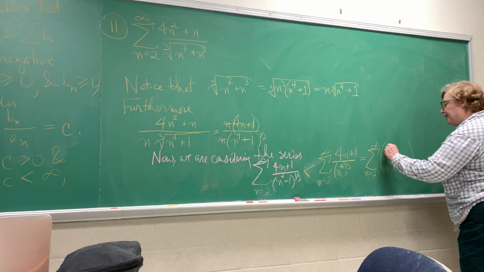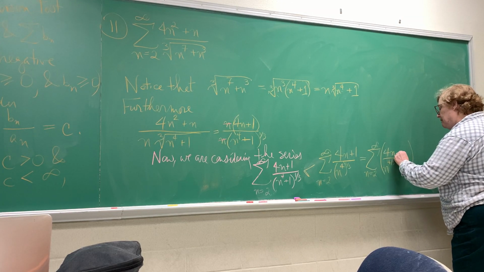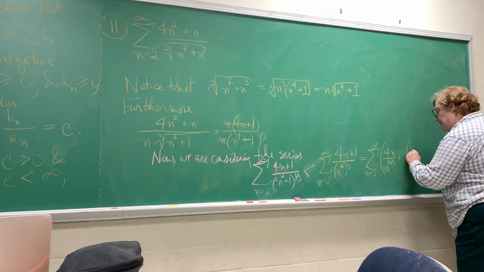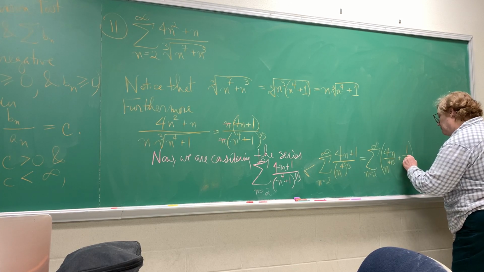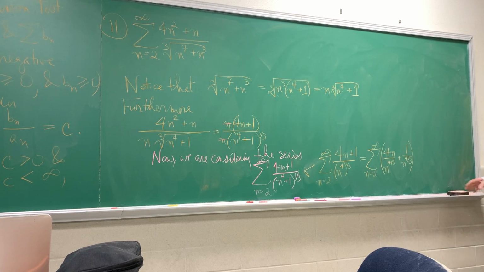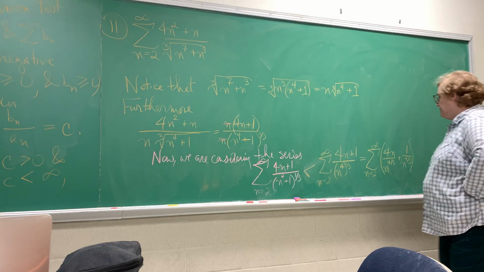The first numerator will be 4n. The second numerator will be 1. And we can do a tiny bit more algebra on that first fraction.